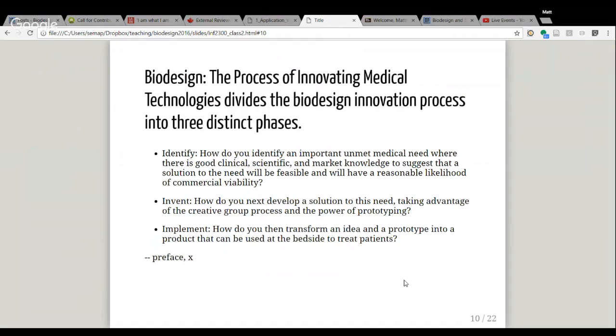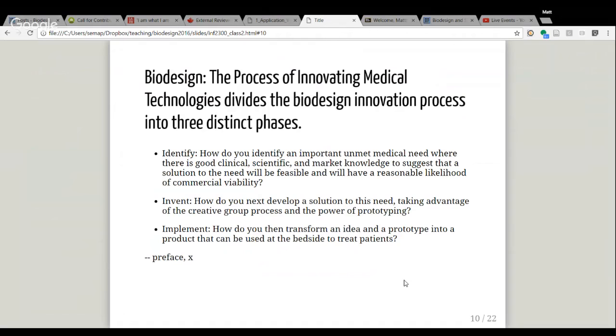For biodesign, it does focus quite heavily on identifying unmet needs where there is a commercial viability, where the satisfaction of that need and the resolution of any problems associated with it will result in a kind of marketable solution. We're going to talk about that through this course.